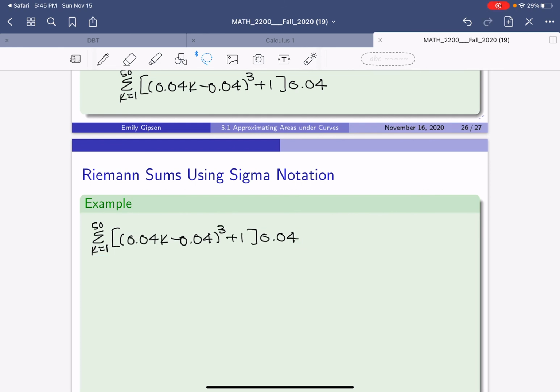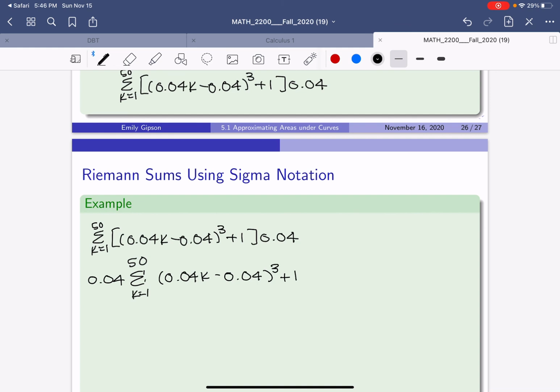So the first thing I know I can do is, well, I can pull this 0.04 out of my summation. So I really have 0.04 times summation from k equals 1 to 50 of 0.04k minus 0.04, cubed, plus 1.